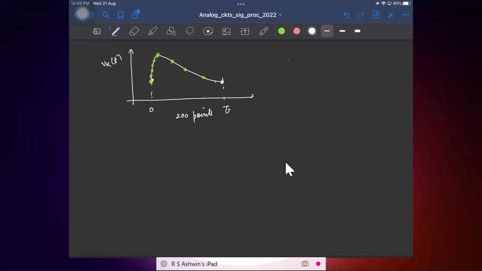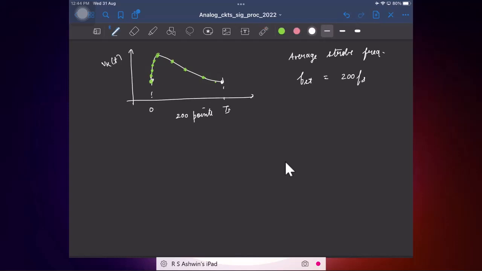So I'll define an average sampling frequency. I'll call it the strobe frequency, Fst. So if I have 200 time points within one period of Ts, what can I say as the average sampling frequency? 200 Fs, right? So 200 Fs.